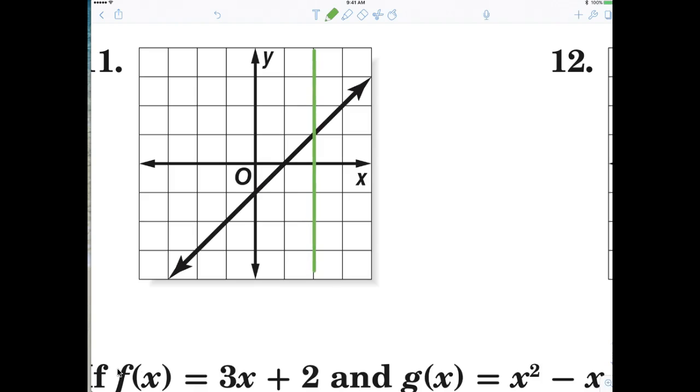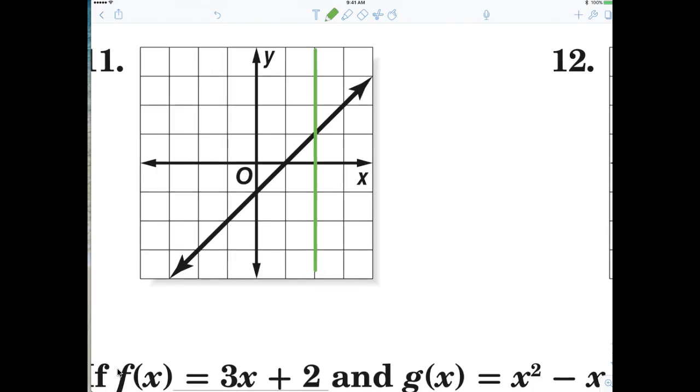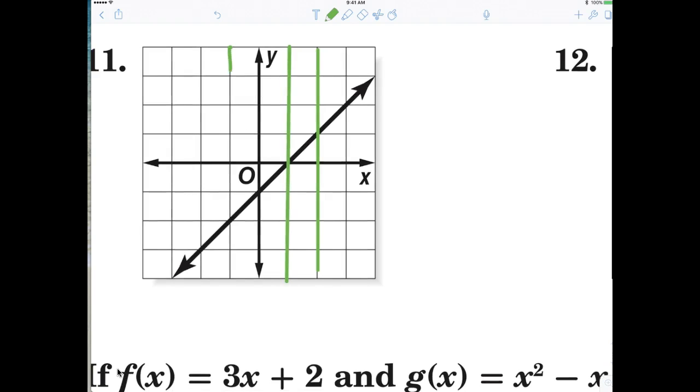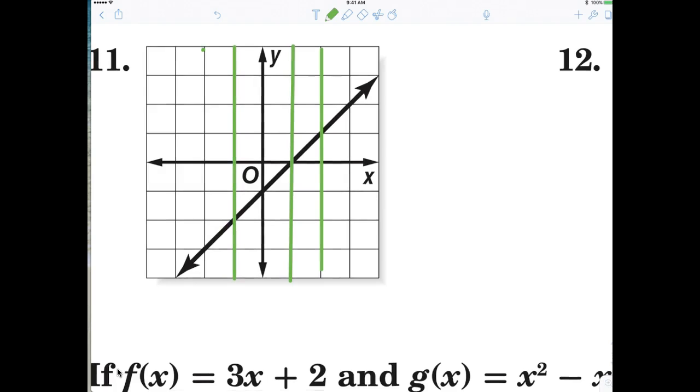How many times does that cross? Once. So far so good, right? If I draw this vertical line here, is it still a function? It's called the vertical line test. If I draw vertical lines and it only hits the graph in one spot, then yes, it is a function.